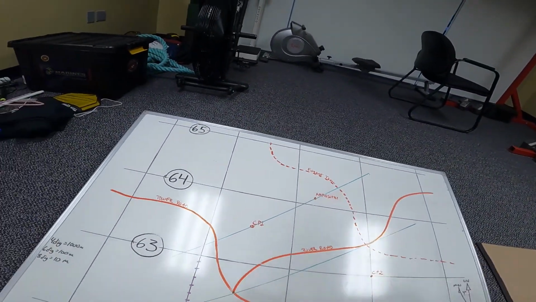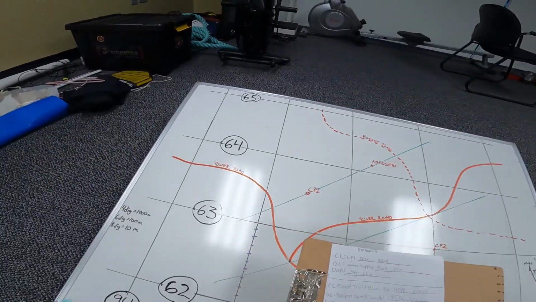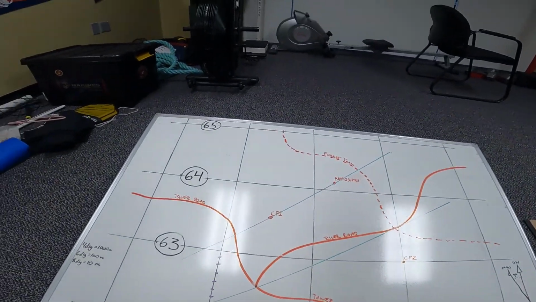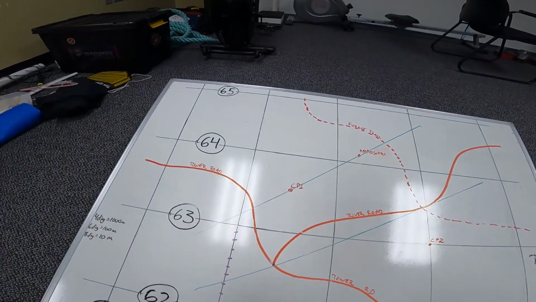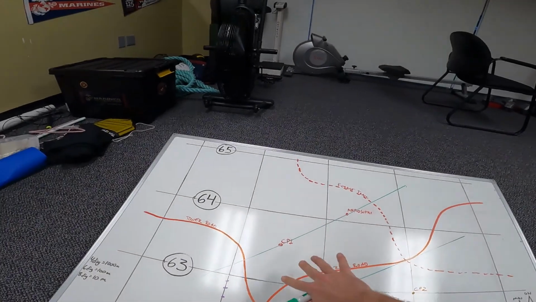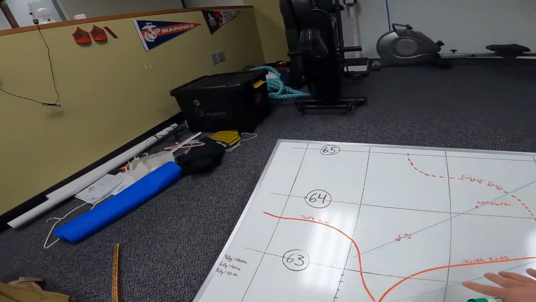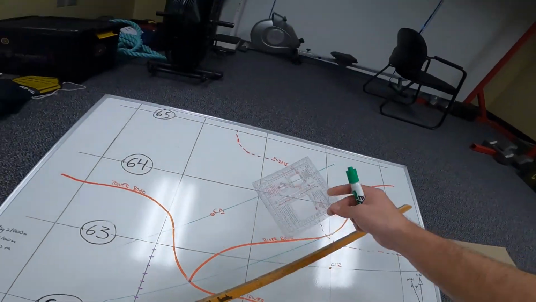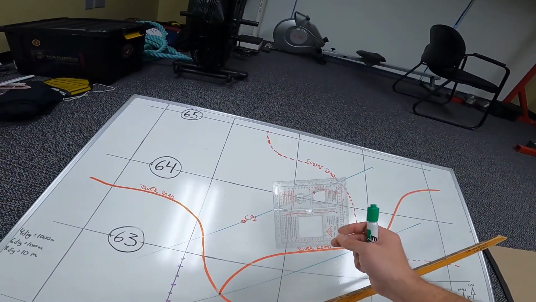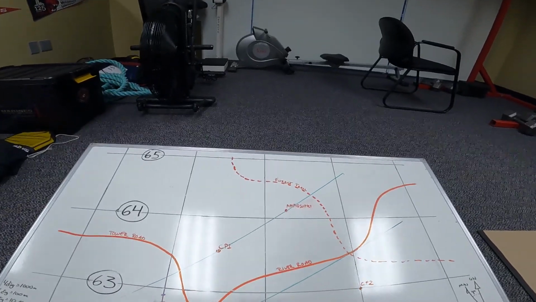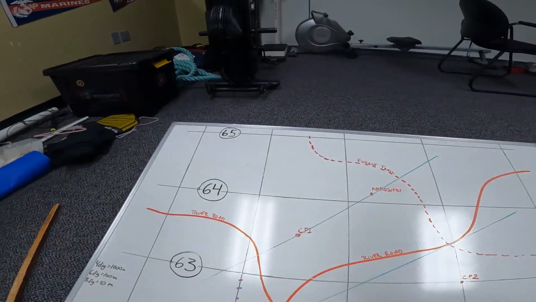When it comes to a Suli, they're just going to give you your grids, and you have to give them your direction of attack and distance. We didn't really do distance between these ones, but what you would do is use your straight edge and your protractor, and after you've drawn your line, you just put your protractor on that line and count how far it is. It's the simplest thing.